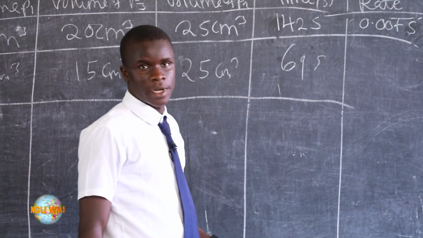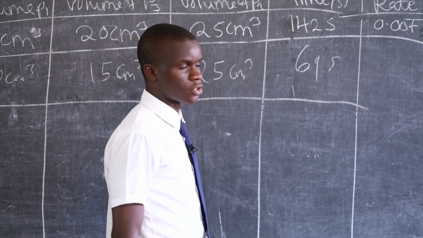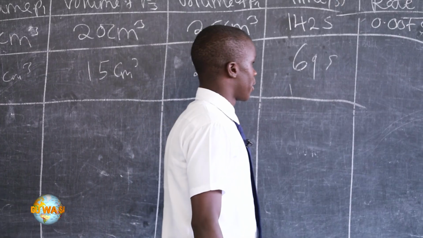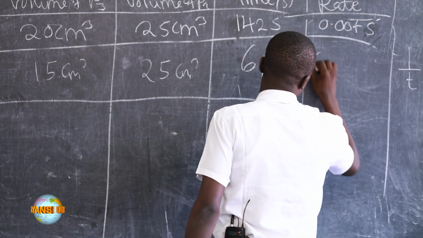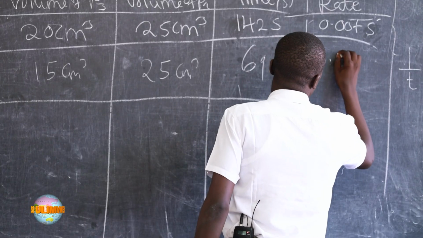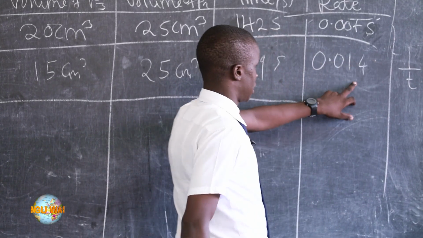When we converted these 69 seconds to obtain the rate of chemical reaction, we got 0.014 per second.